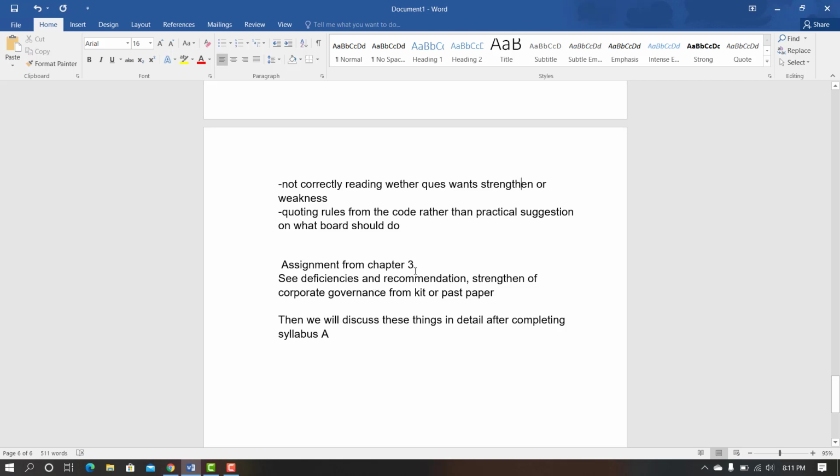Today's assignment is that you have to see deficiencies, recommendations and strengths of corporate governance from the kit or the past paper. Try it yourself. Then after completion of syllabus A, we will discuss it, and I'll also write one long constructive question under this.